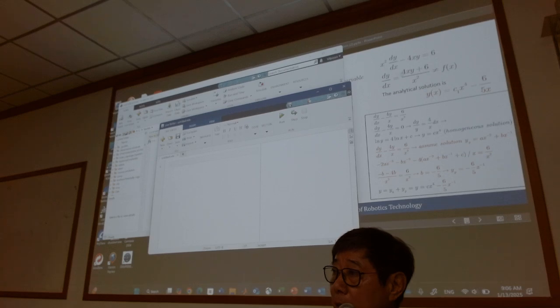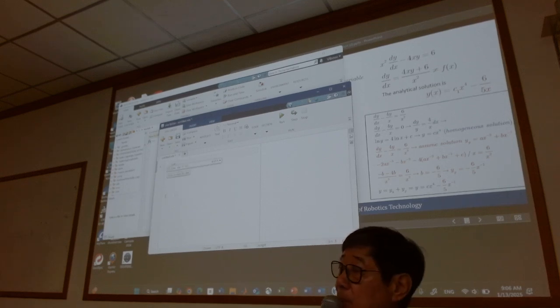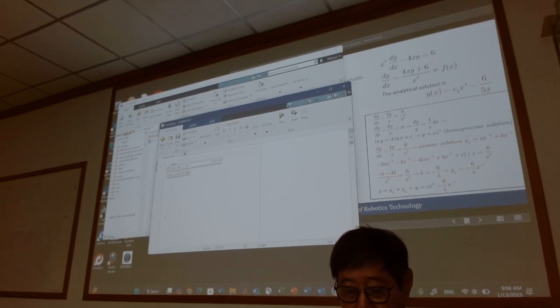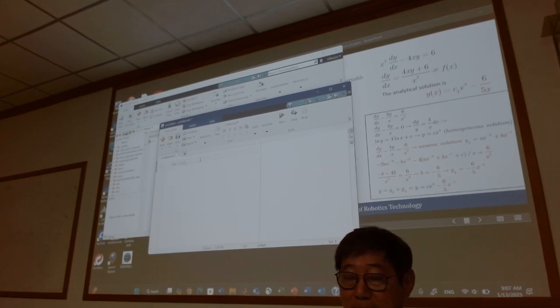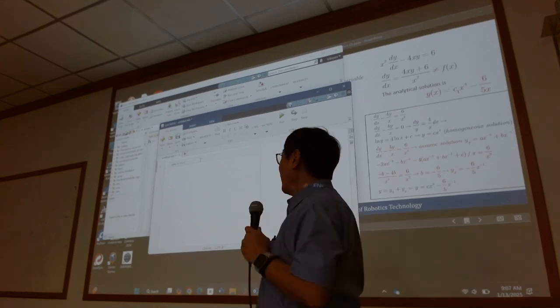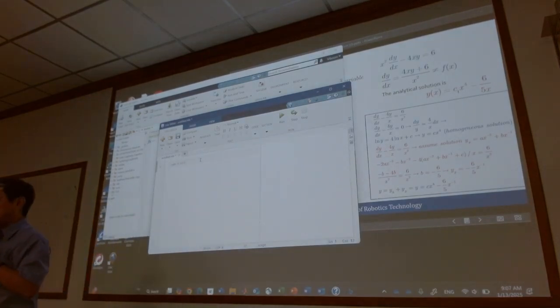First of all, you have to understand symbolic variables, using syms. In this case, we have x as a symbol and y as a function of x. X is the independent variable and y is the state variable, which depends on x.